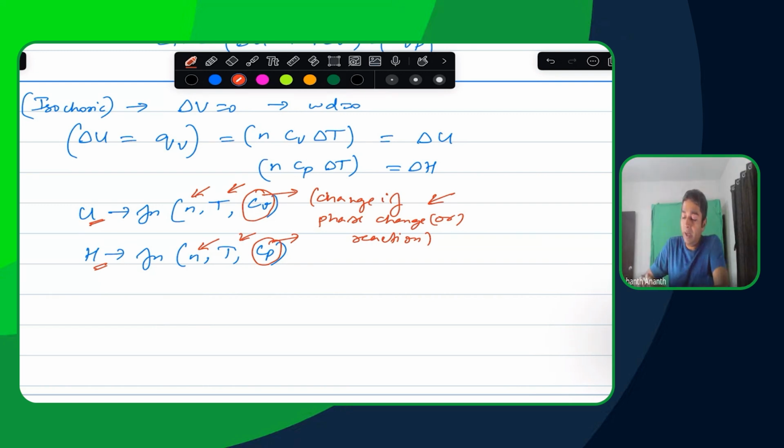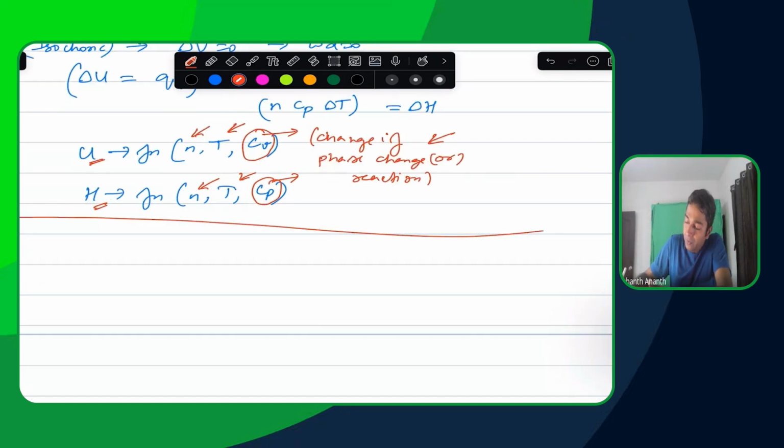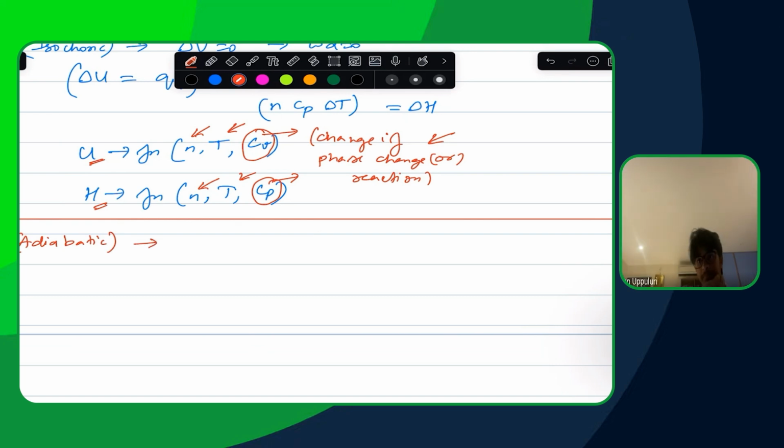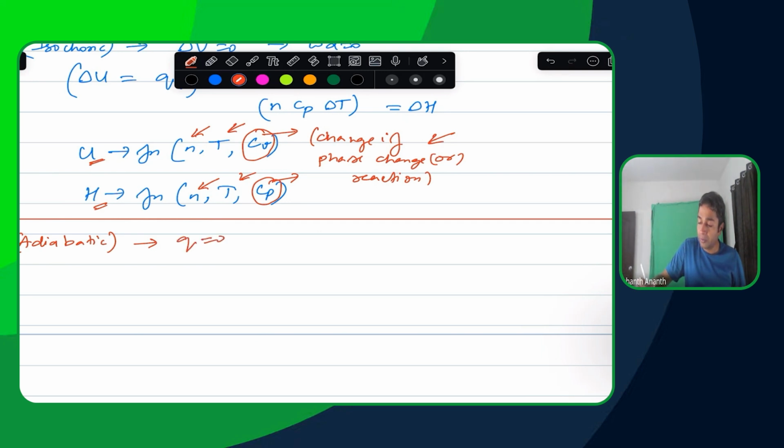So now lastly, let me give you the last puzzle. We are not going to be solving this puzzle today. We are going to be solving this a little later. Now, when you have an adiabatic process, what is kept zero here? Heat. Heat is kept zero. So if I'm keeping heat as zero here, what happens?